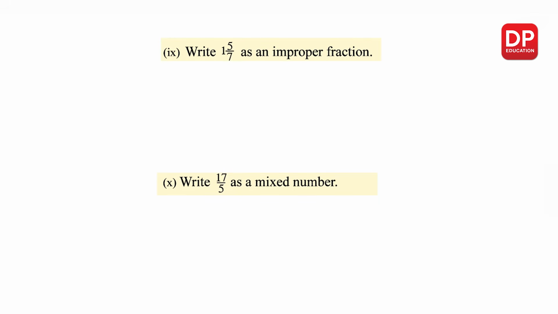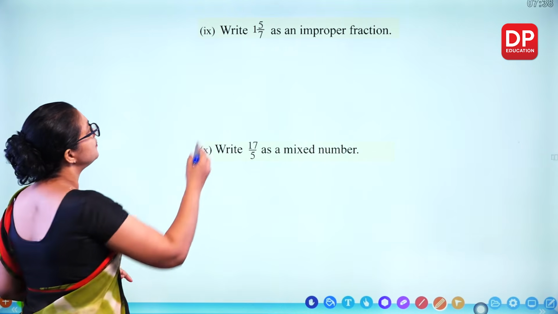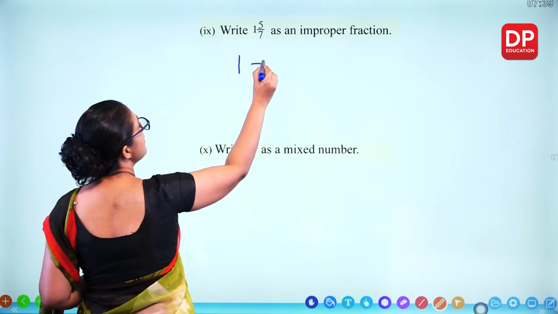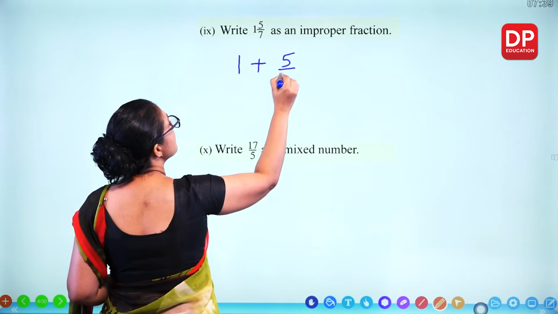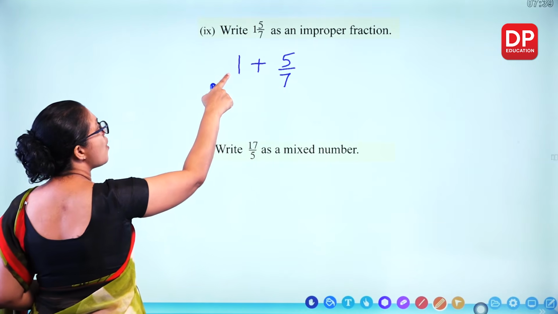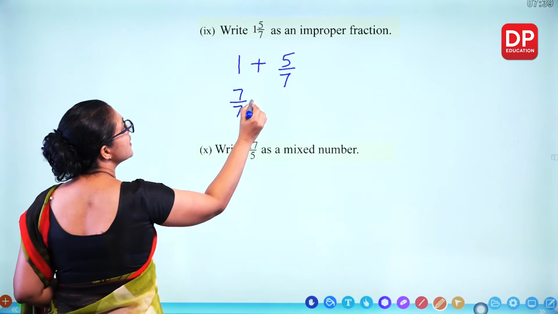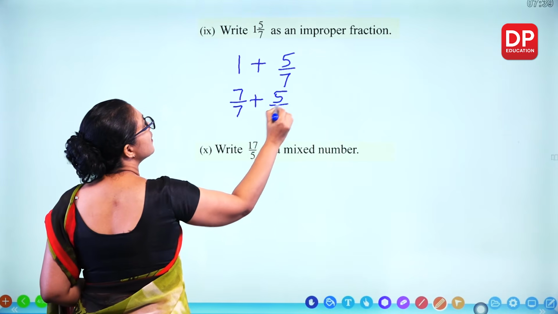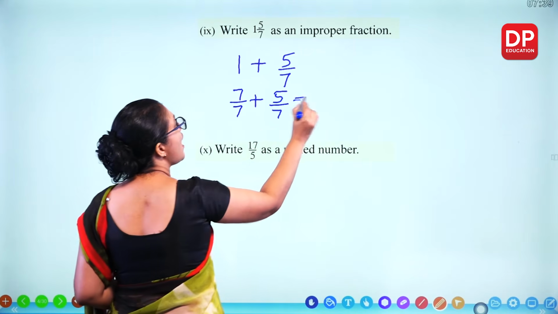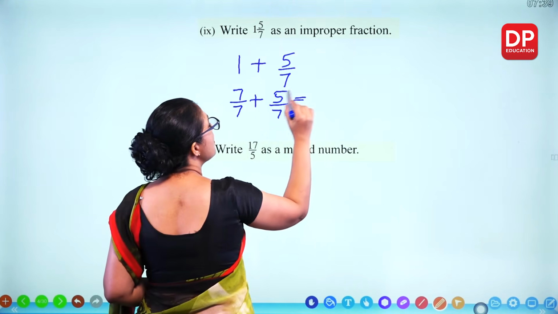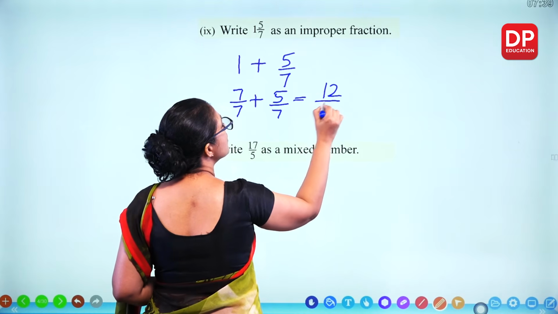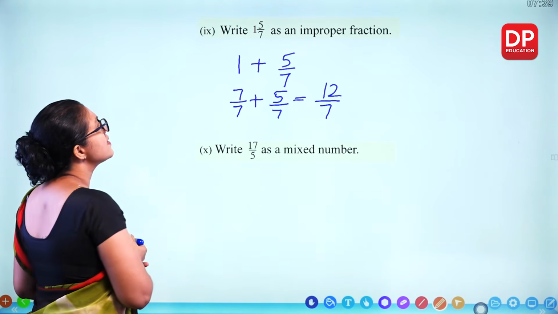Write 1 and 5/7 as an improper fraction. So this is a mixed number. 1 plus 5/7. I can write 1 as 7/7. Now the same denominator, you add the numerators. 7 plus 5, 12. So 12/7.